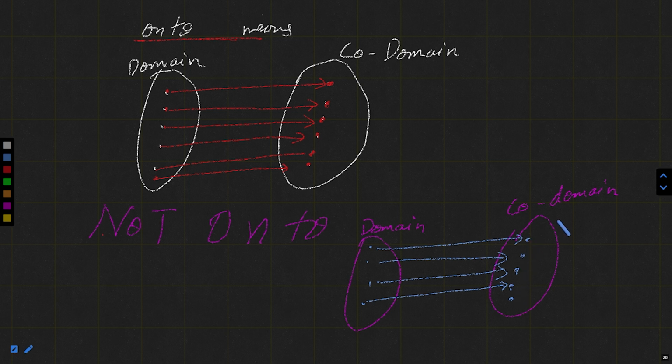This means in the codomain set we have at least one element which is not related to any element in the domain. As you can see over here, this element is not associated with any element, or it has no pre-image in the domain set. It is just sitting over here in the codomain set. So not onto means this.